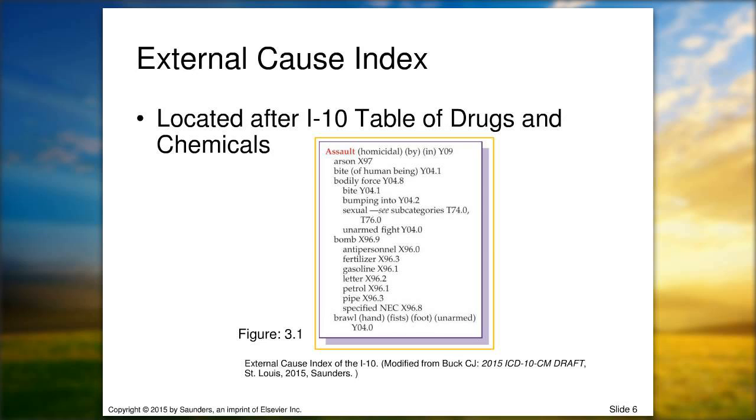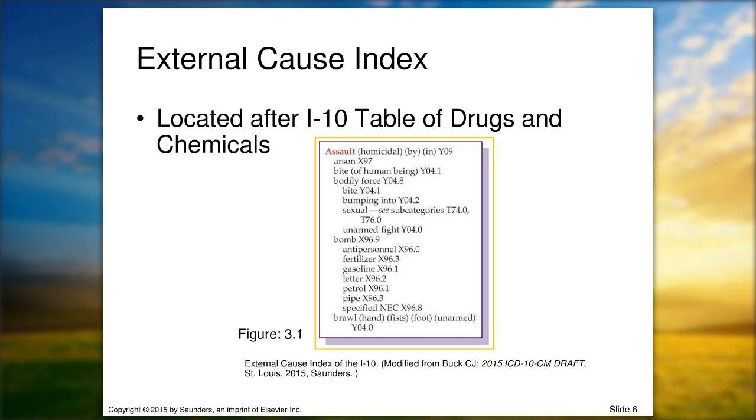Your external cause index. This is a separate index in your ICD-10 book. At the back of your book, page 1597, you should put a tab, External Injury Index or External Cause Index, however you want to remember it.